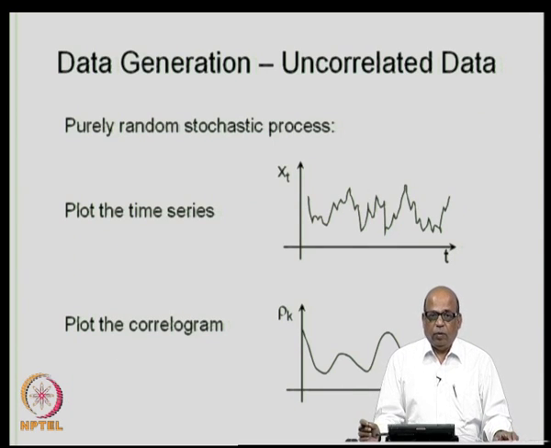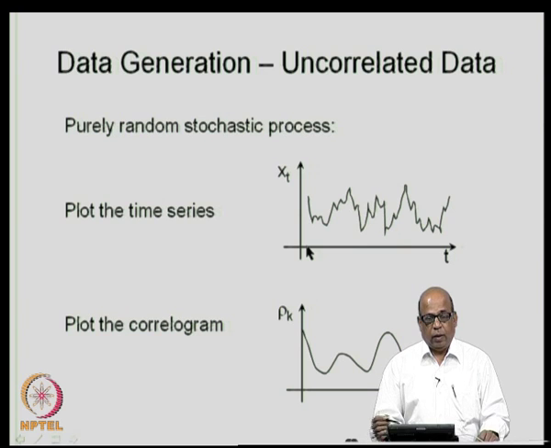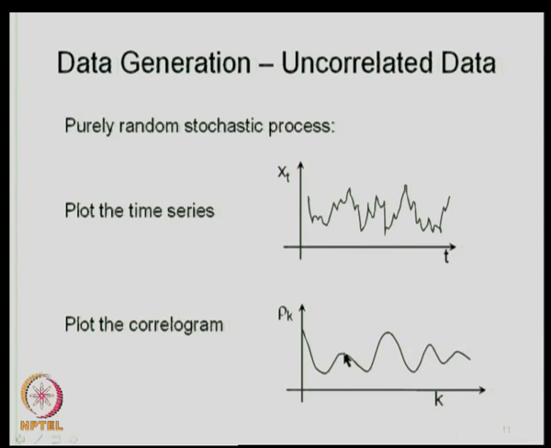So, we will now look at data generation. First, we will consider uncorrelated data, that is what we discussed earlier as purely random stochastic process or purely stochastic processes. If you see the correlogram for a purely stochastic process, the correlogram should indicate that the data are uncorrelated.